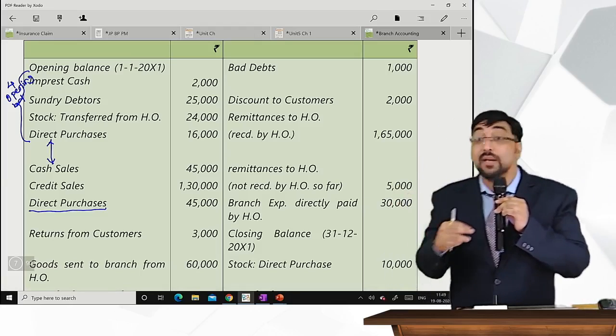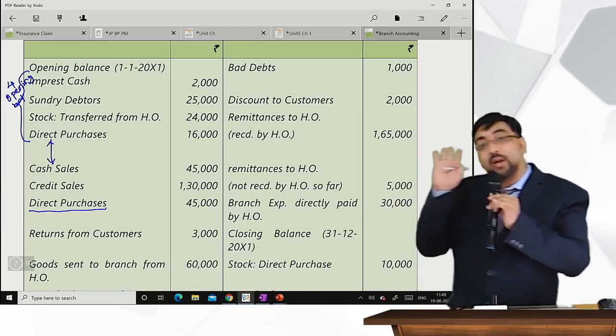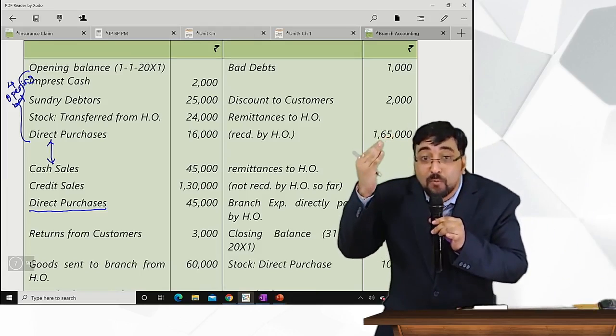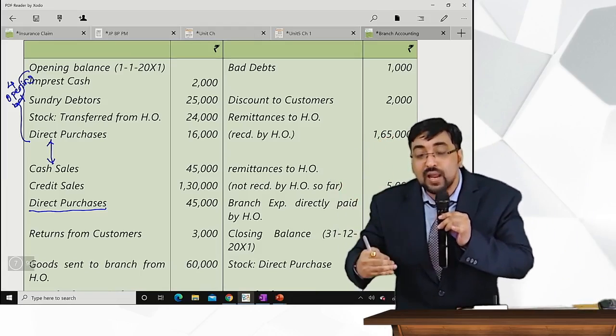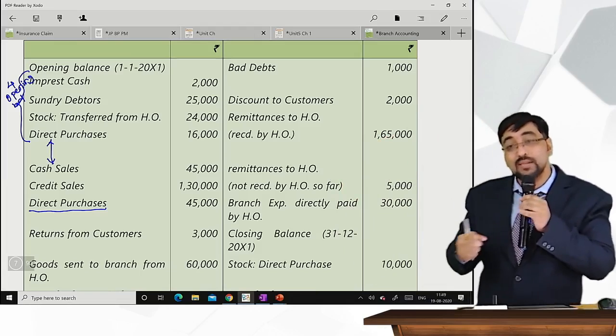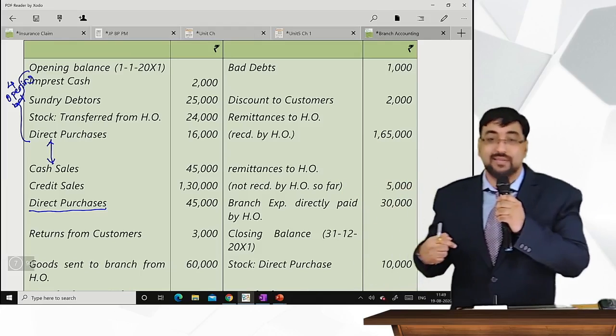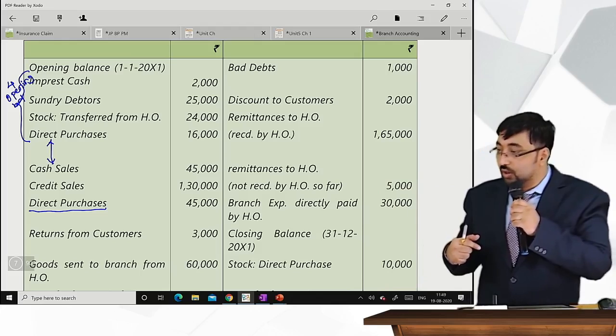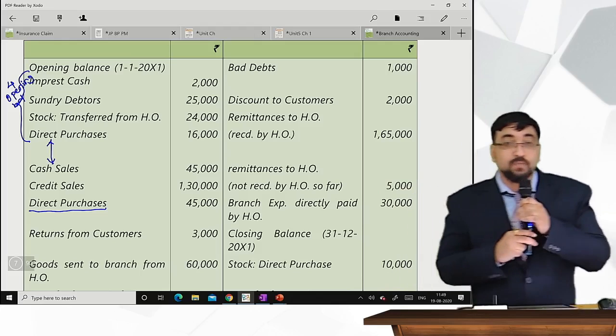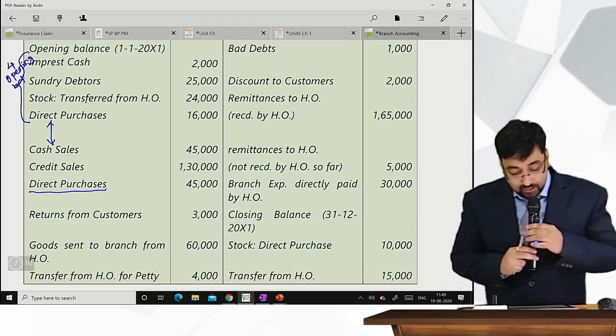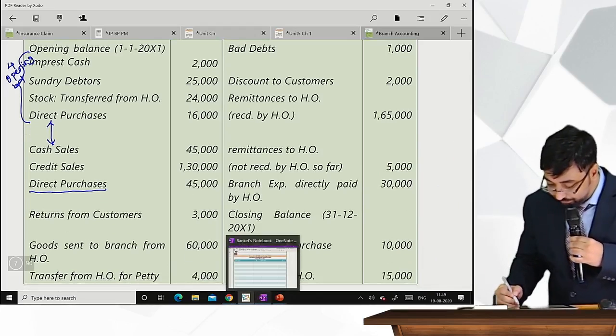So many students ask me: direct purchases here is a part of opening balance, and below that again you have direct purchases. These are during the year transactions. Got the difference between the 2? One is part of opening balance and the second one is direct purchases made.